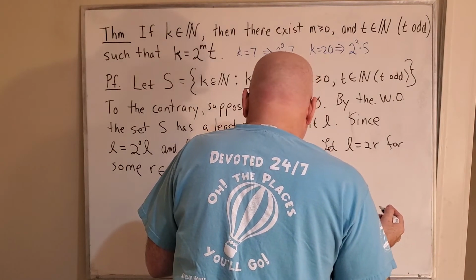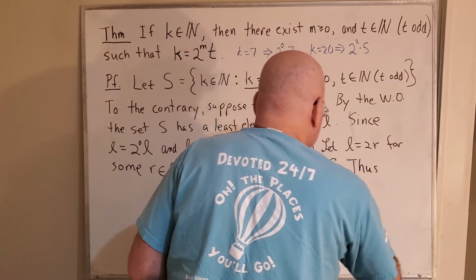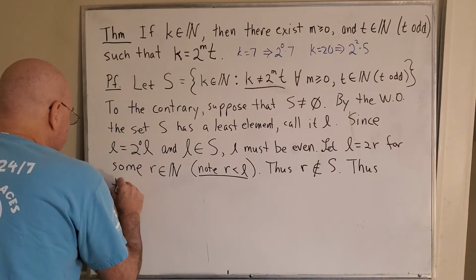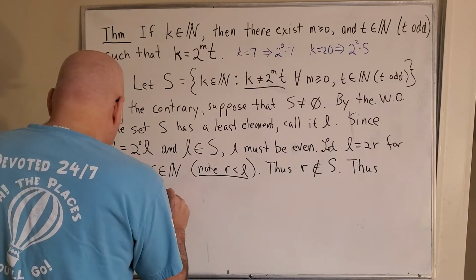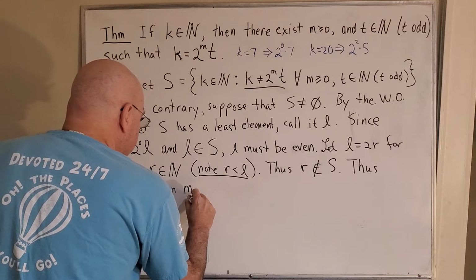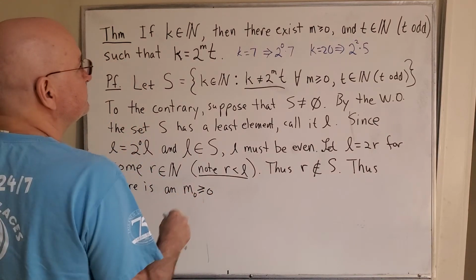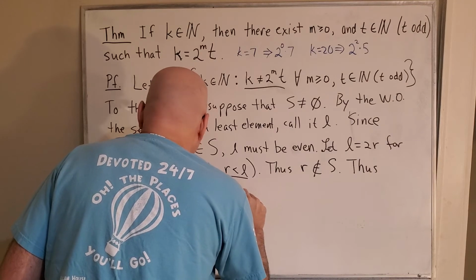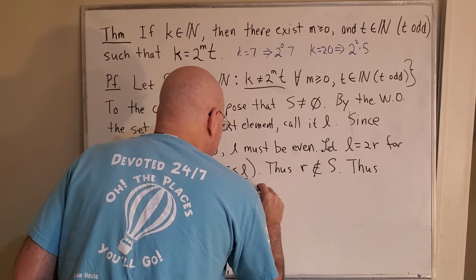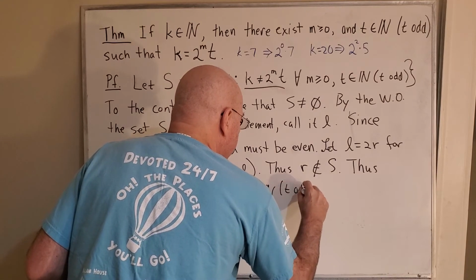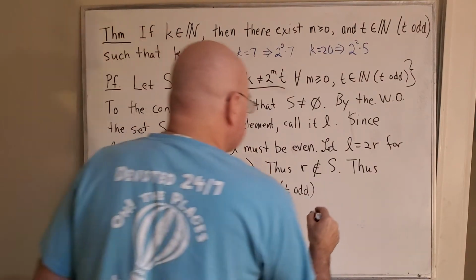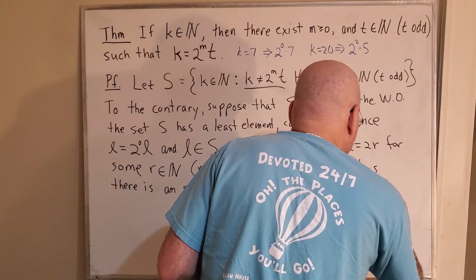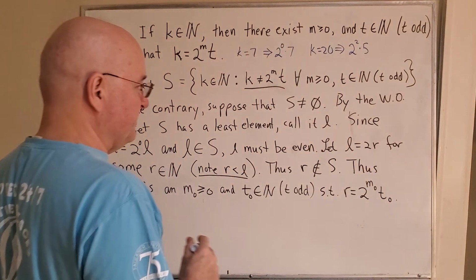Since it's not in there, R satisfies this statement up here. Thus, R is not in S, thus there is an m, I'm going to call it m sub 0, a non-negative integer, and a t sub 0 in the naturals, where t is odd, such that R is equal to 2 to the m naught times the odd integer t naught.